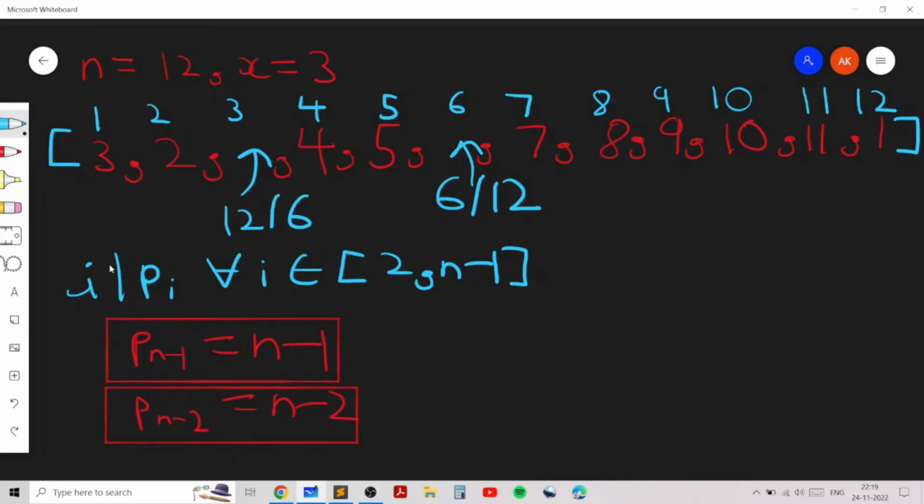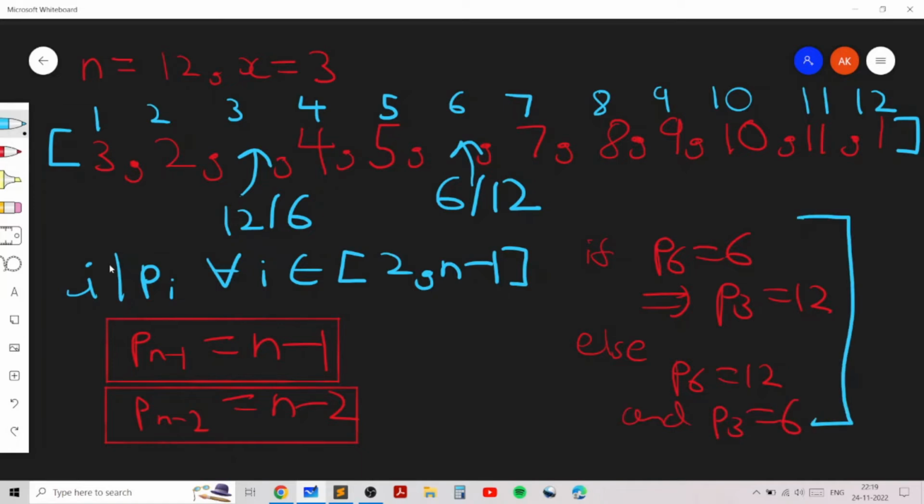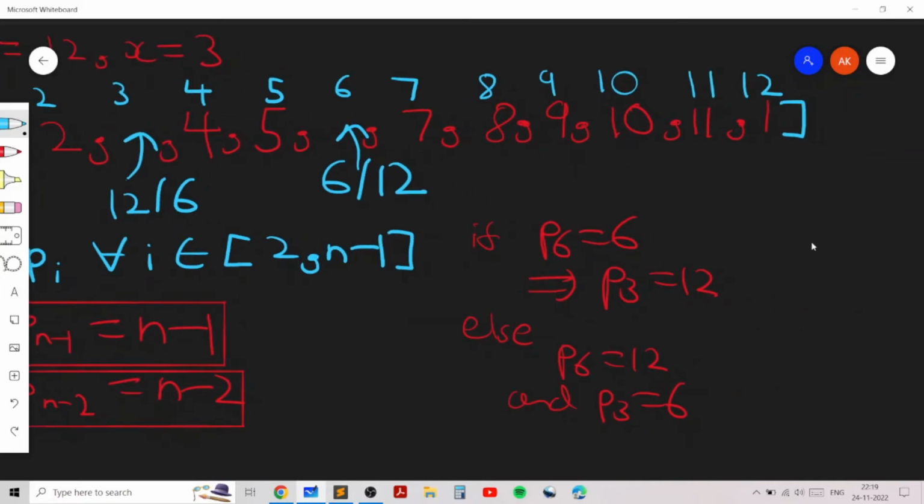So if P of 6 is equal to 6, this means that P of 3 is equal to 12. Otherwise, P of 6 is equal to 12 and P of 3 is equal to 6. Out of these two possible cases, we know that the second case is more optimal. The second case is lexicographically minimal because we have a smaller value of P of 3.